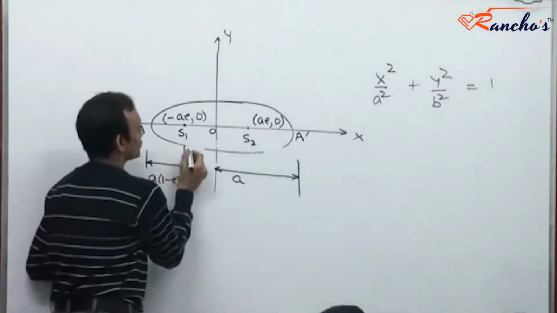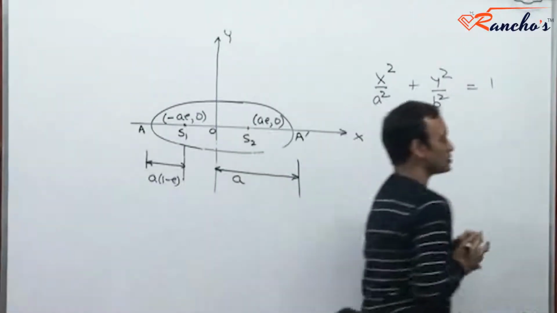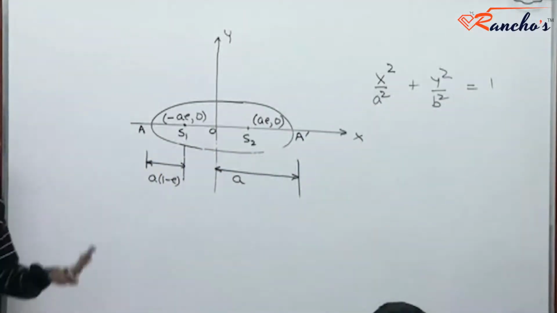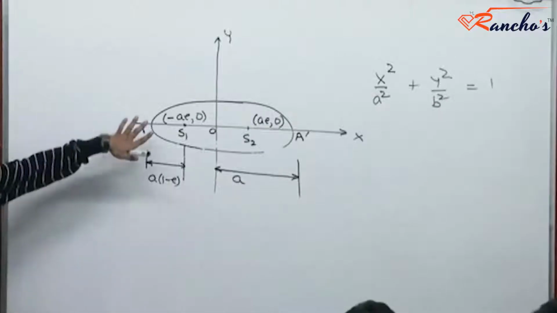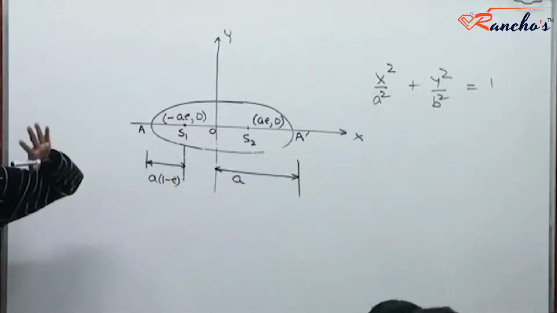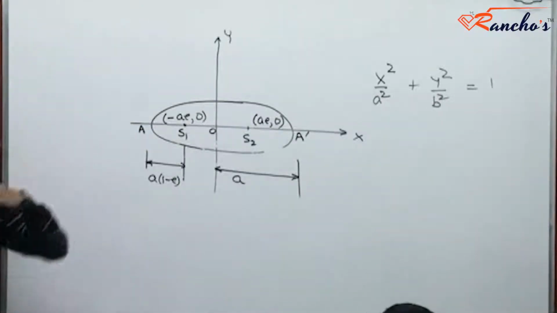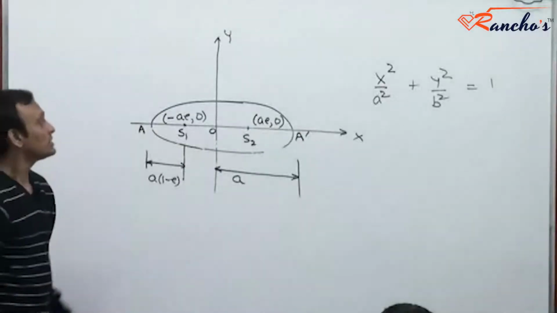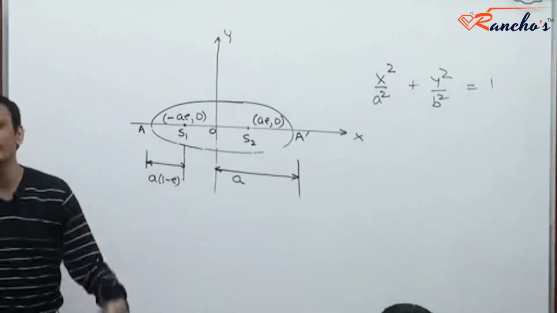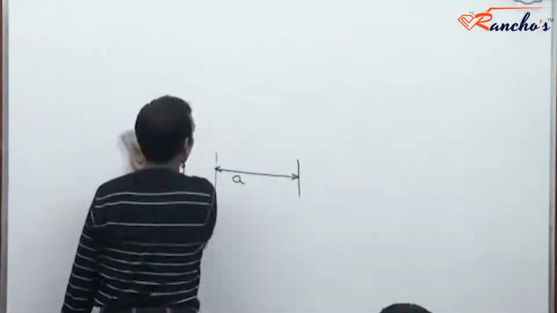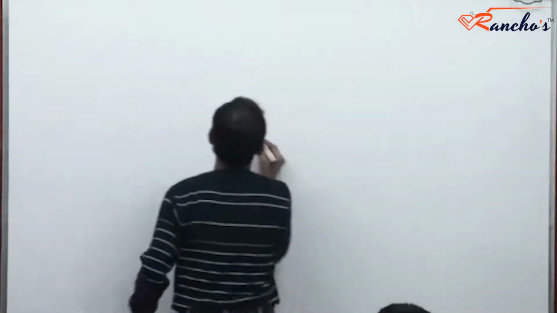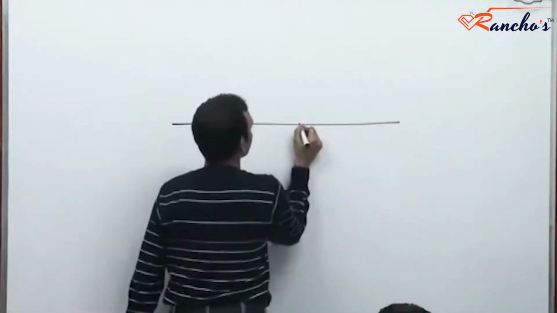Now, one more fact which I just want to mention to you in connection with the ellipse. In fact, either the ellipse is defined from two fixed points S1 and S2 such that the sum of the distances from S1 and S2 is a constant and is equal to the major axis 2a of the ellipse. Sometimes the ellipse is also defined a little differently, in which case we define the ellipse as the locus of a point.